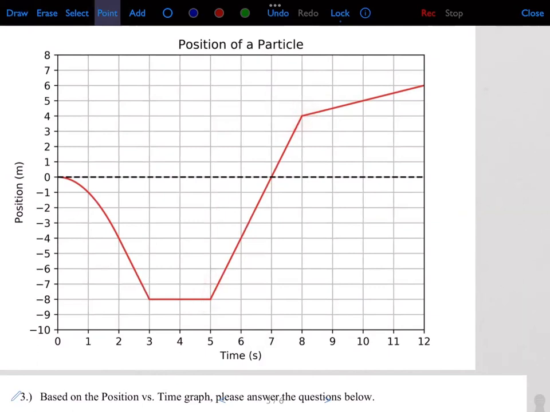But notice from 0 to 3 seconds, the slope at the beginning is almost 0. Then, I'll even draw on some, it's like 0, and then negative, and then more negative, and then more negative. So if I draw the slope of those tangent lines, more negative and so on, it's changing, right? From 0 to 3 seconds. So that's where I have the acceleration, where the velocity is changing.